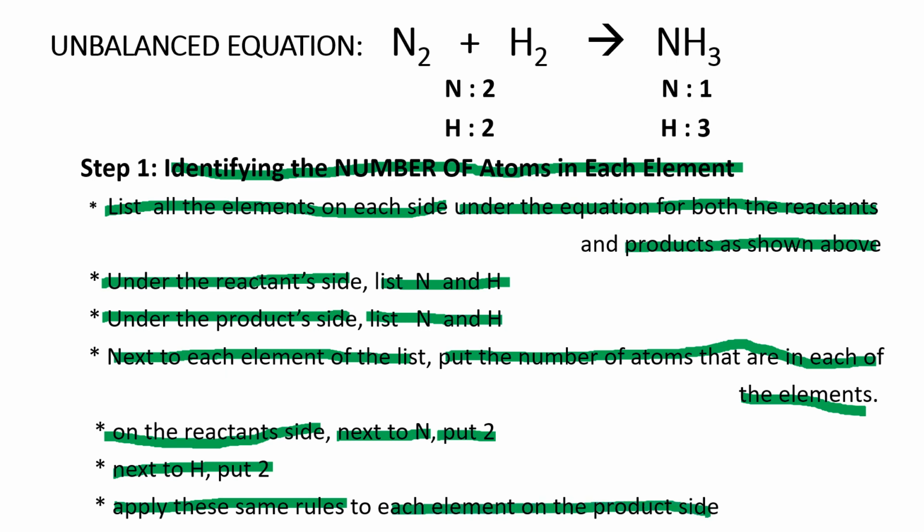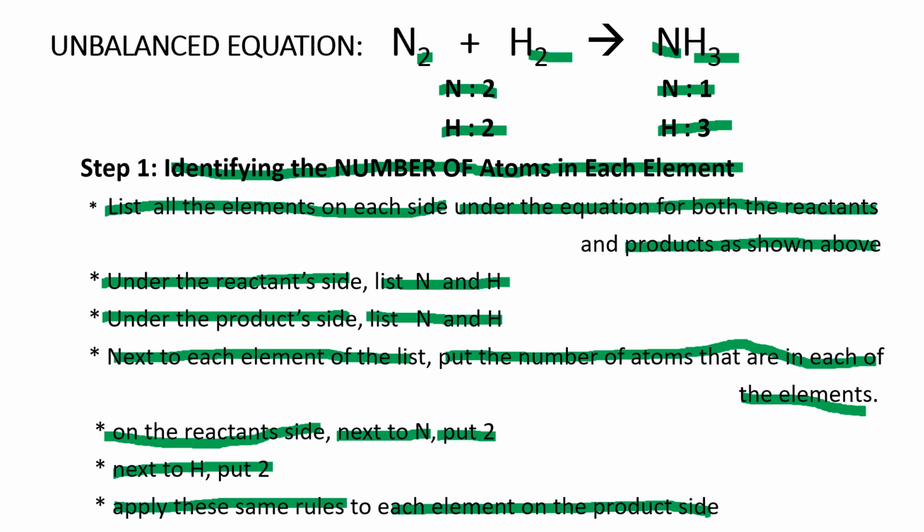So on the reactant side, you have 2 nitrogen and 2 hydrogen. On the product side, you have only 1 nitrogen, so list it as 1 nitrogen, and then you have 3 hydrogen, so you list it as 3 hydrogen.